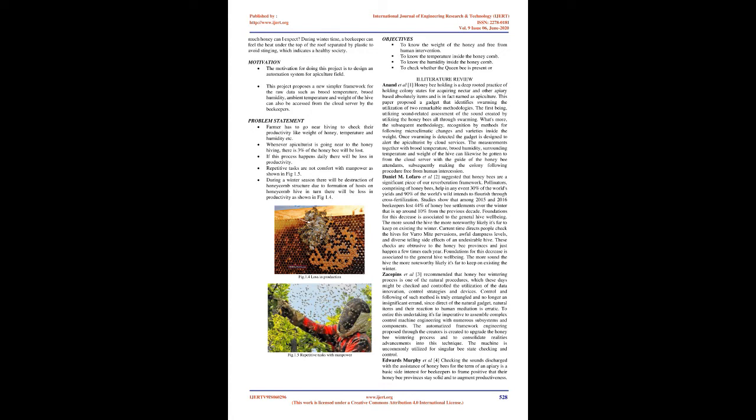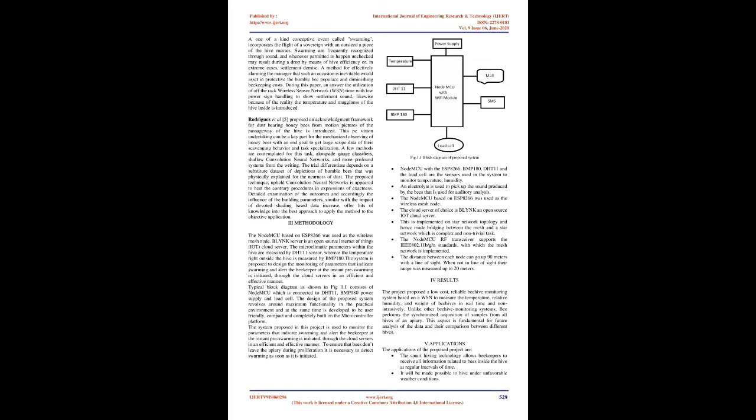The reason for this decline is associated with overall hive health. The healthier the hive, the greater the likelihood it will survive the winter. Current practice directs people to check the hives for varroa mite infestations, bad moisture levels, and other telling symptoms of an unhealthy hive. These checks are intrusive to the honey bee colonies and only happen a few times each year.